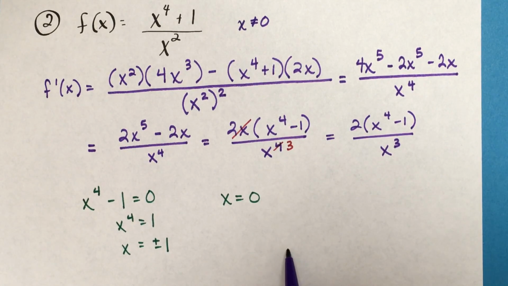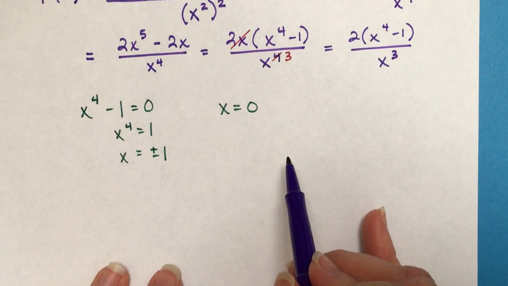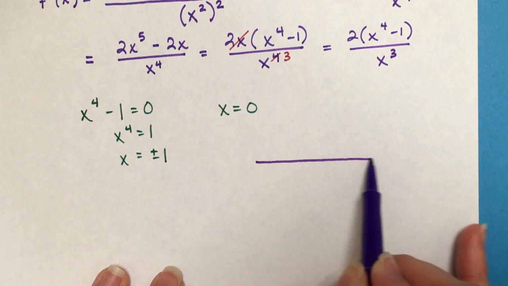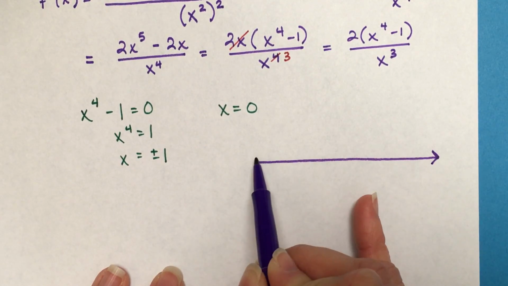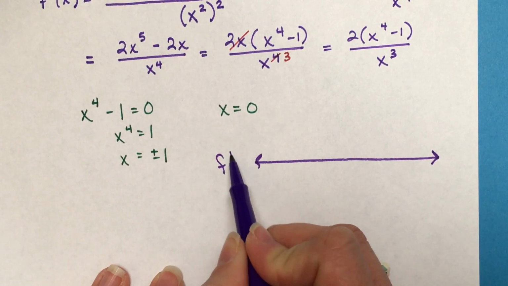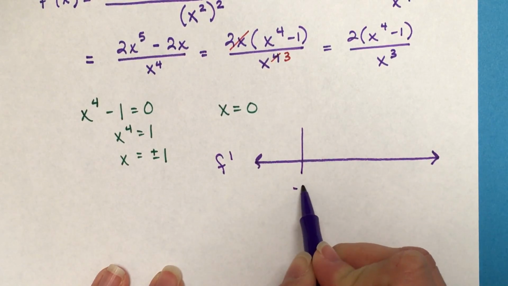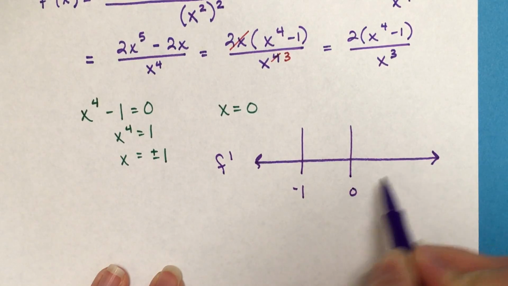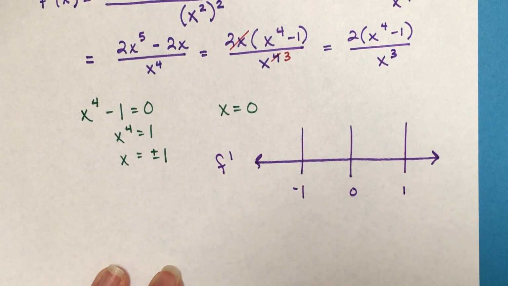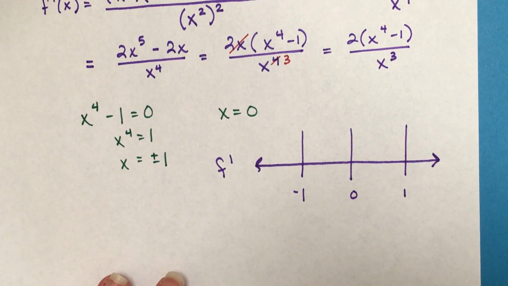So putting these values on a number line to make your sign graph. So here's our negative 1, and then we would have the 0, and then we would have the positive 1. And you need to pick a test value for each of these intervals.